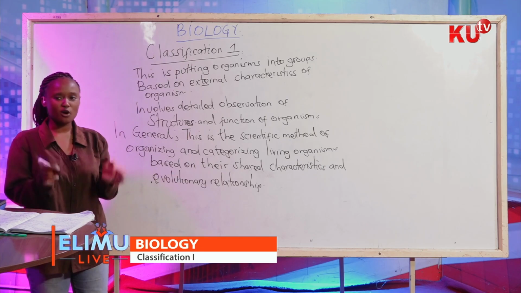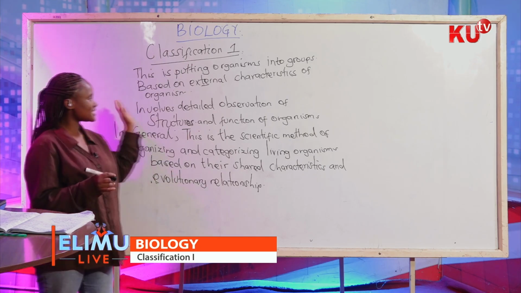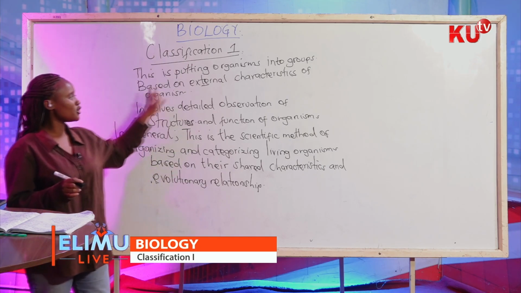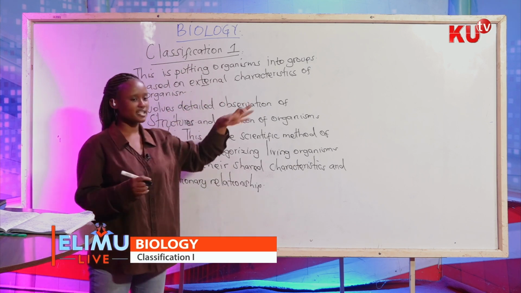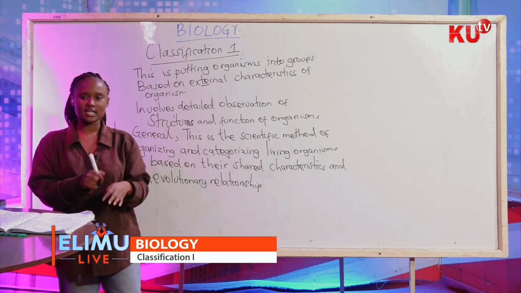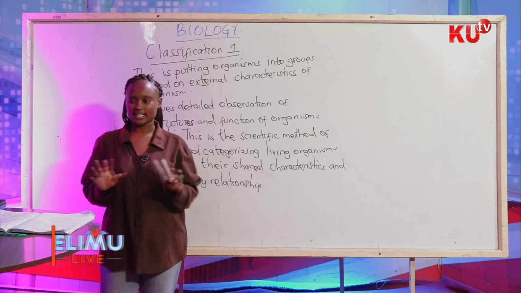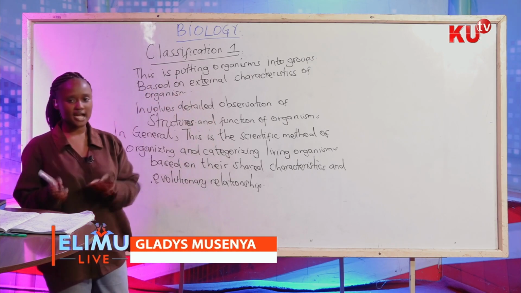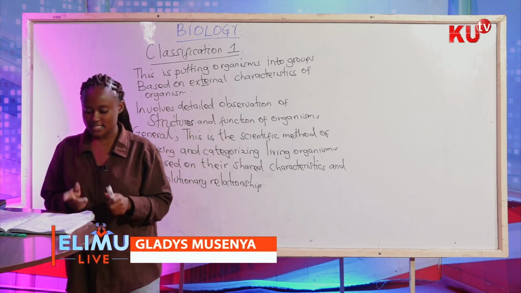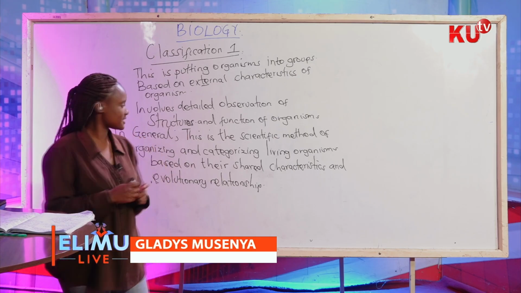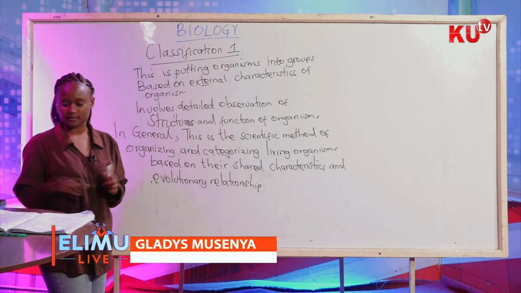It is putting organisms into groups, in simple terms, and it is based on external characteristics of organisms, whatever you are able to see externally, not internally, especially in plants and animals, the living organisms. So organisms with similar characteristics are put together.